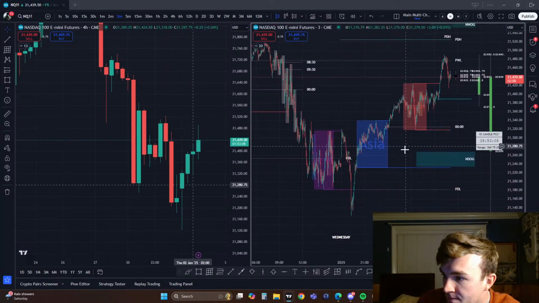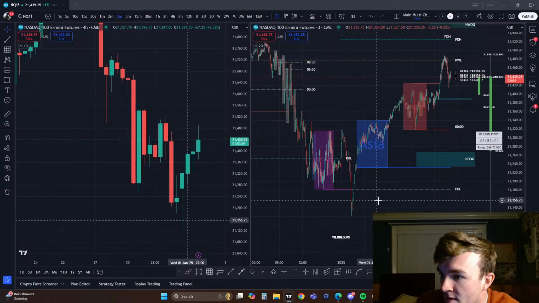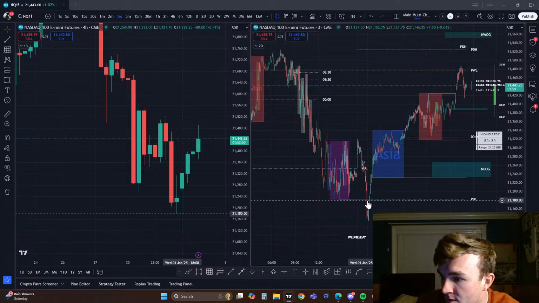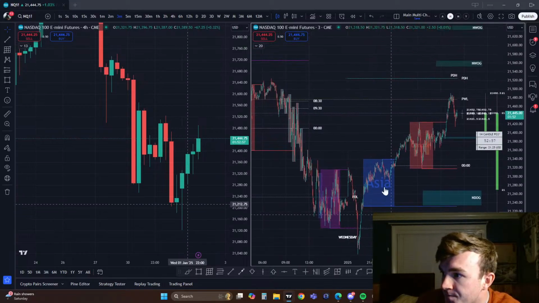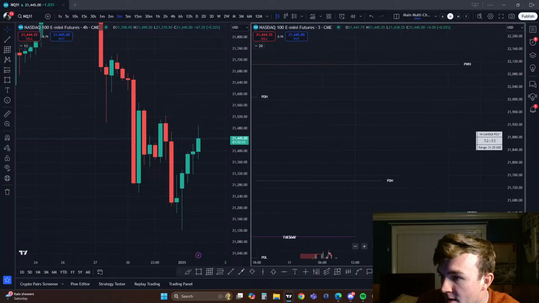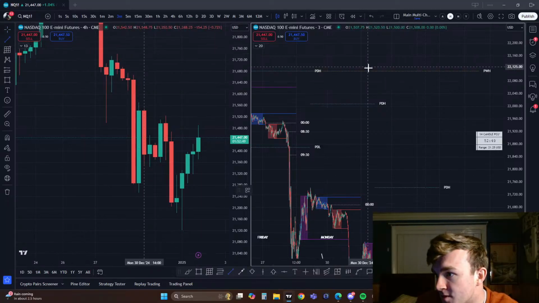And we already used previous day's low. So we swapped out previous day's low. I wonder if we have previous week's high up here. We do. Okay, let's draw that out.